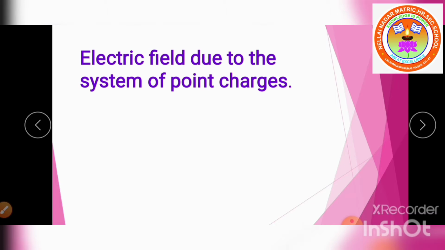In the previous topic, to calculate the total force, we used the superposition principle. Like that, here also, to calculate the total electric field due to the system of point charges, we are using the principle of superposition.